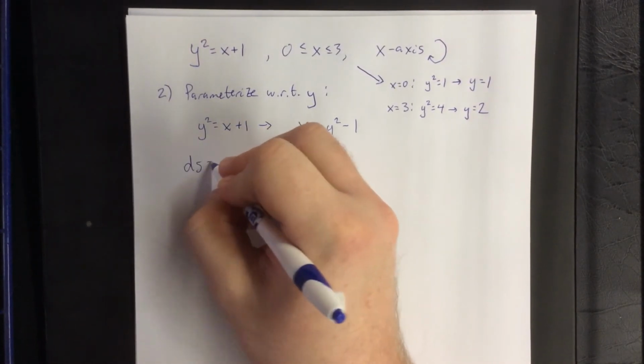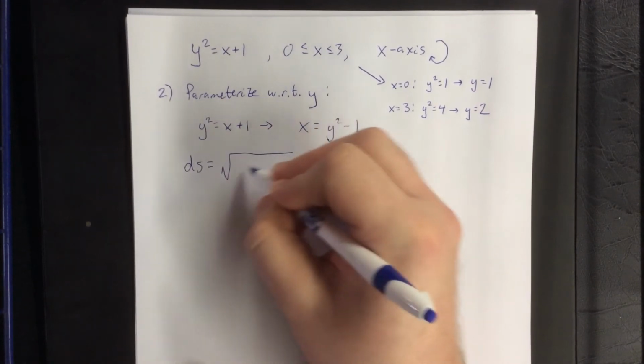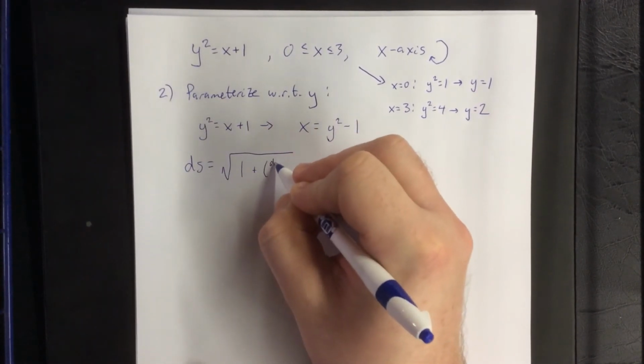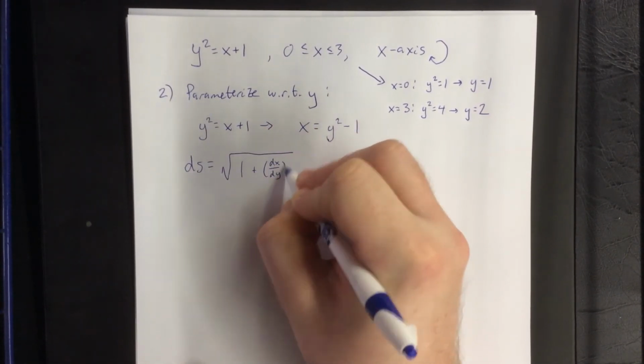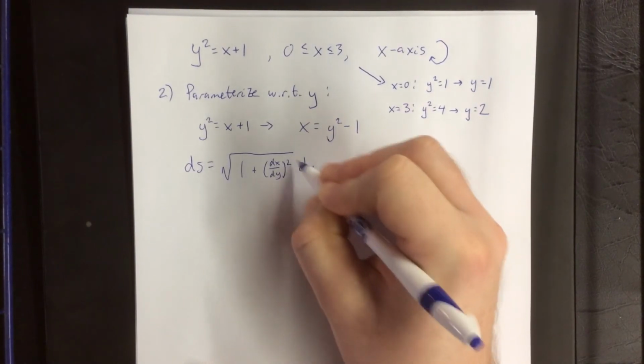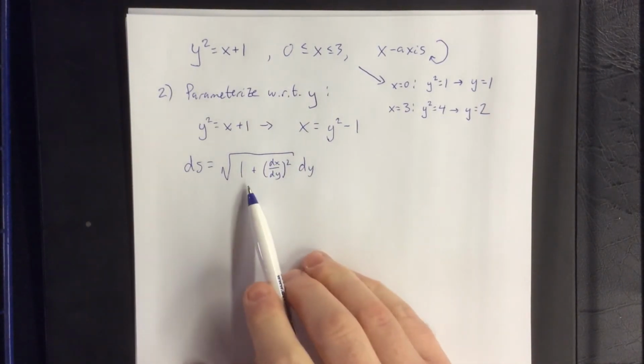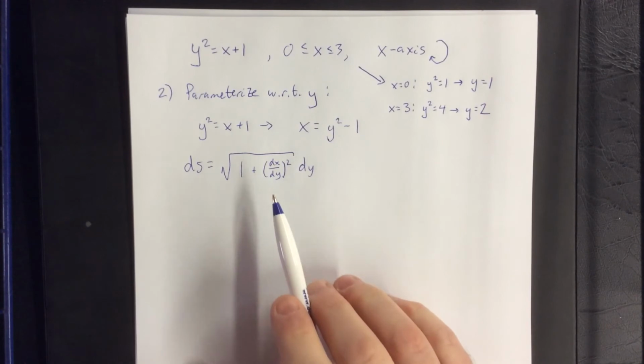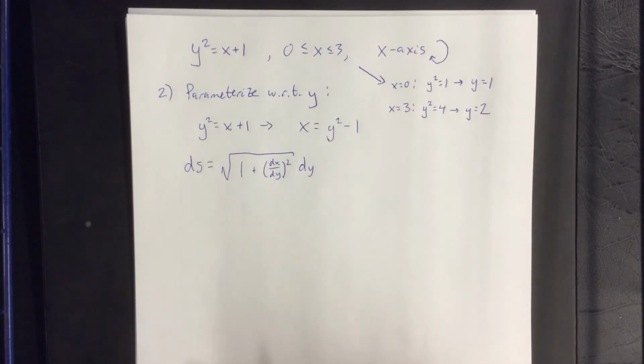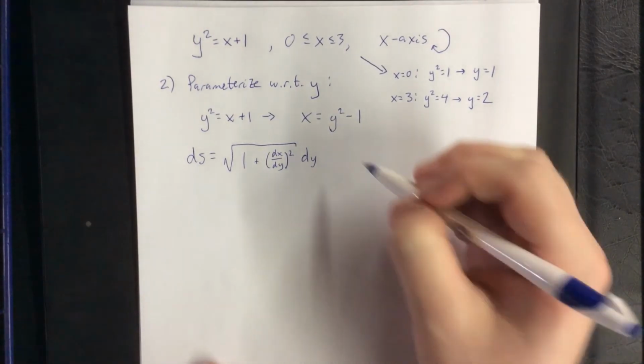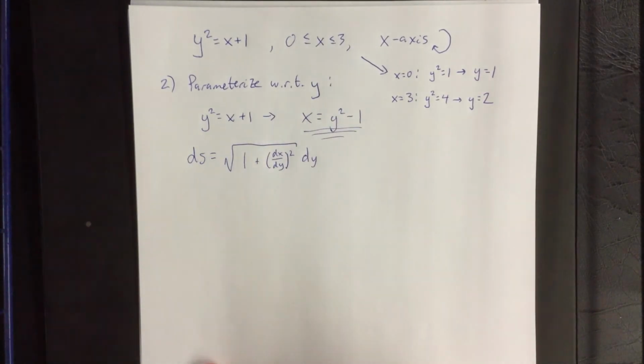Now if we are going to go with respect to y, then we will need to set up ds, this time, as the square root of 1 plus the derivative of x with respect to y, quantity squared, times dy. So using this guy right here, let's start the order of operations.